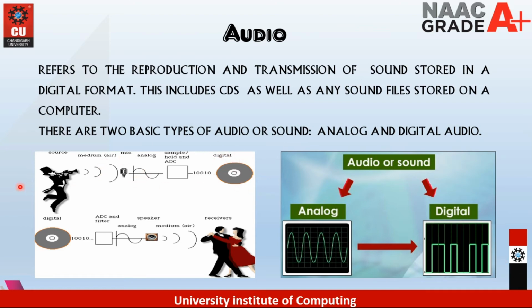The digital audio is in 0 and 1 form only and can be played through various audio output devices, after which the user can hear it. Only digital audio is used in multimedia.